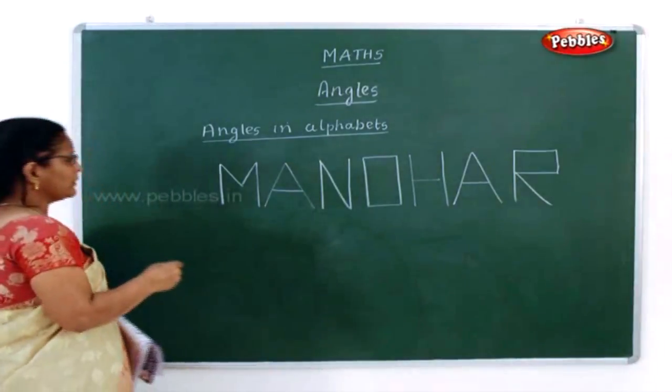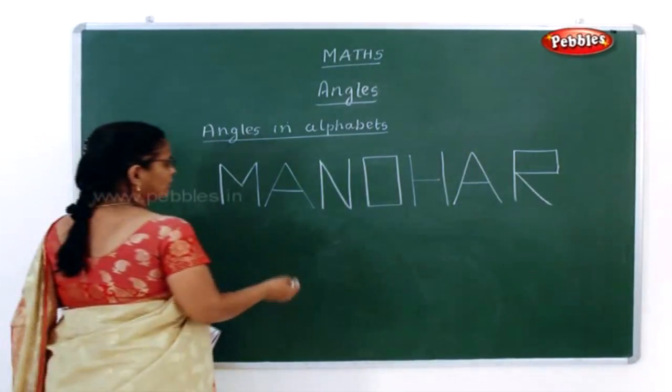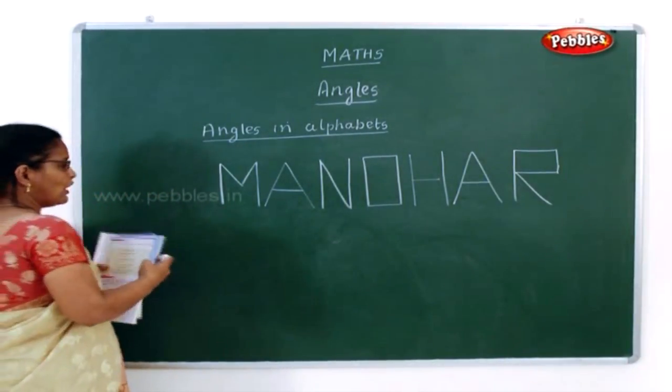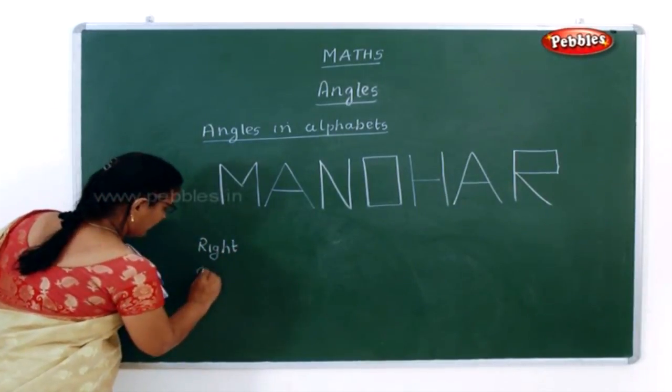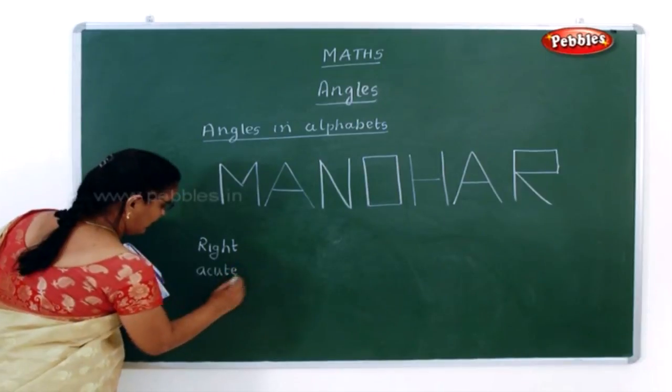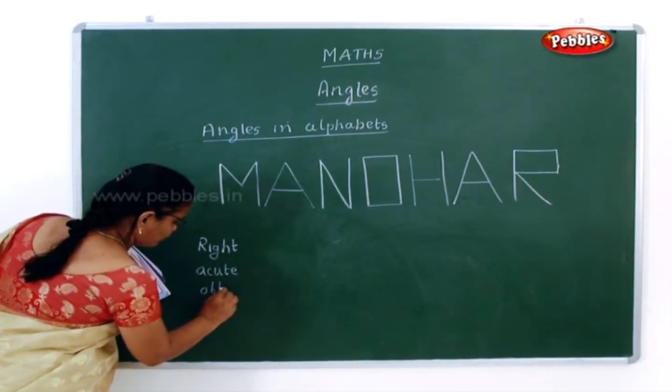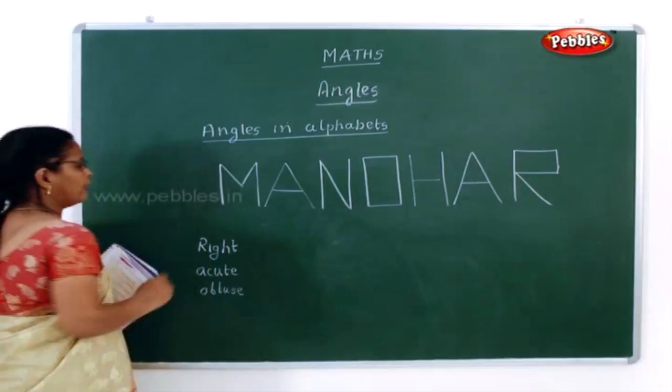See, this is the alphabet given in your book, Manohar. Now, in this alphabet, you have to find out the right angles, the acute angles. How many right angles, acute angles, and obtuse angles are there in this alphabet?